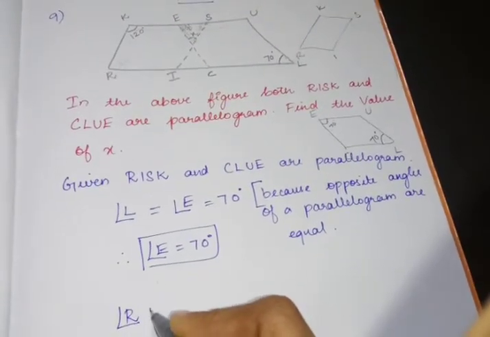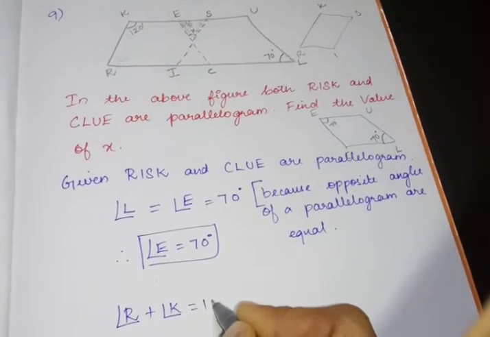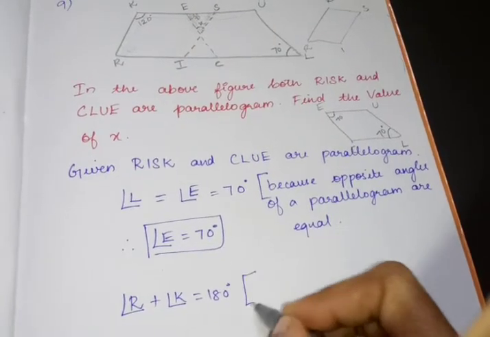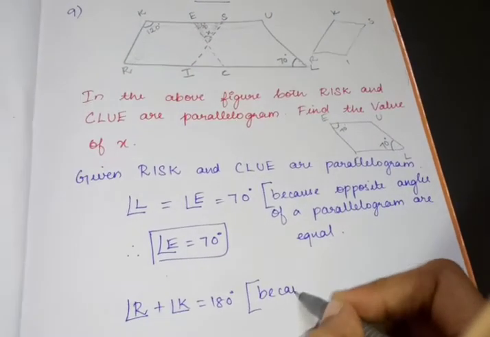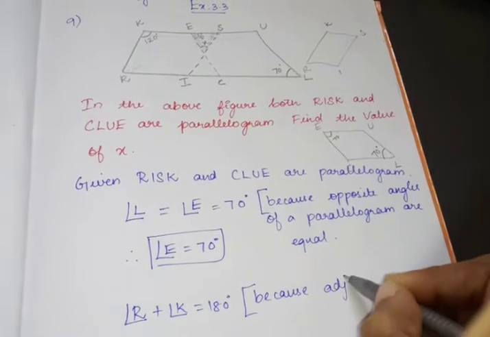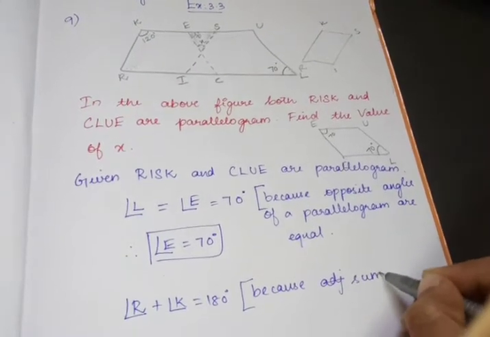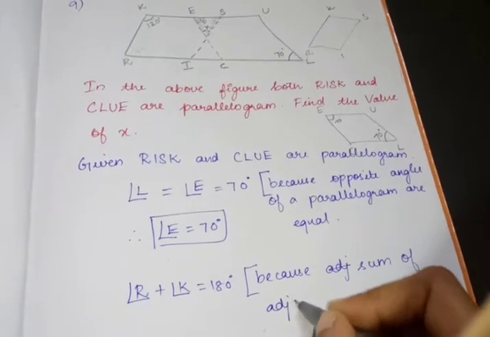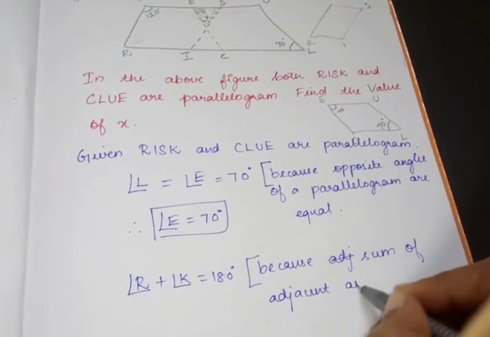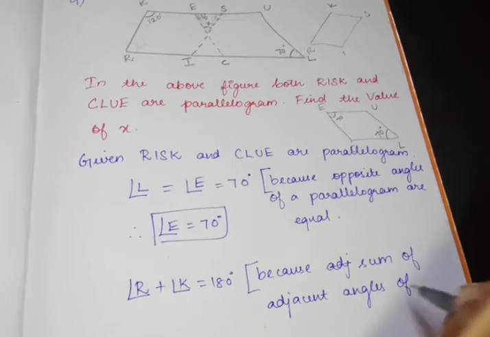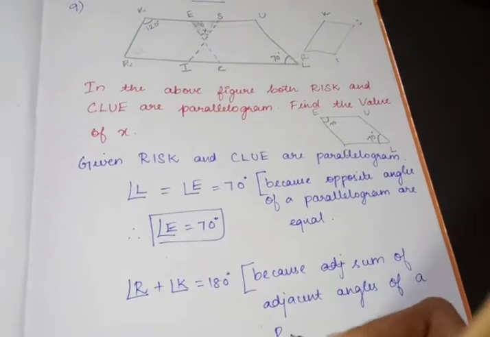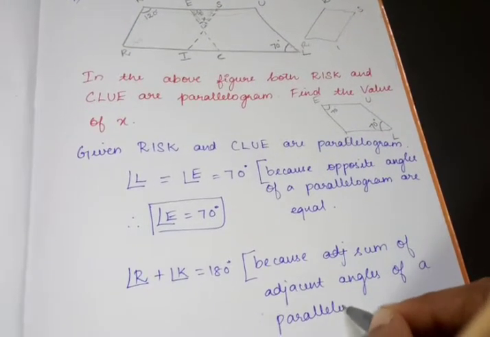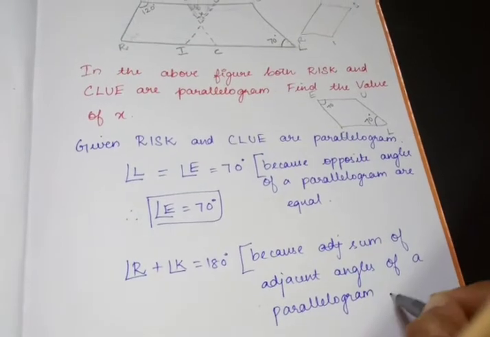angle R plus angle K is equal to 180 degrees. Why? Because the sum of adjacent angles of a parallelogram is 180.